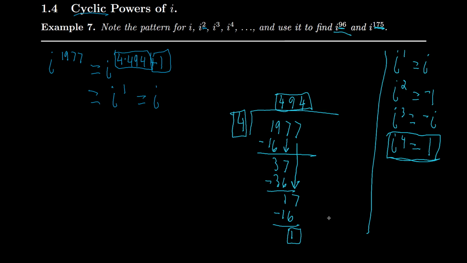If the remainder is 0, that means it divided in evenly, like i to the 96 does, and so you're going to get 1 out. Because if your remainder ended up being 4, then you can actually divide 4 into the number one more time, and you'll just go through it one more time. Literally just do a little bit of long division and look at your remainder, and that's it.